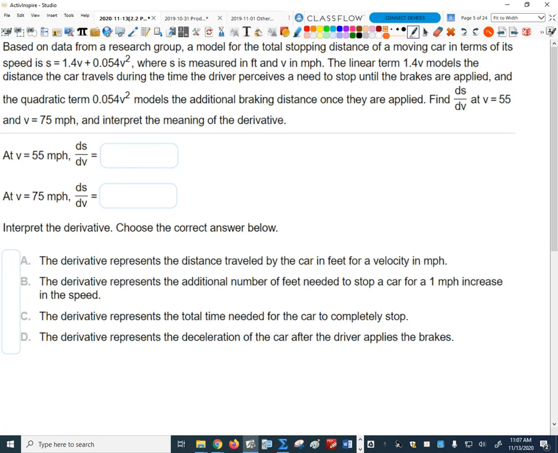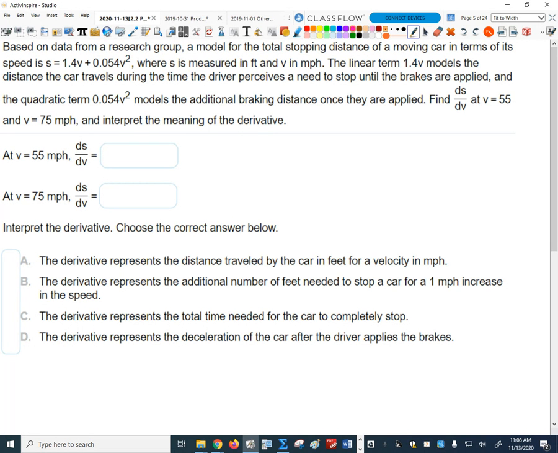Okay, so what if we want to find dS/dV? Now, somebody tell me, what is that as a rate? How would I say that, Lily? What is dS/dV? The rate of change of what with respect to what? Is it the rate of change of feet with respect to miles per hour? Okay, good. So that's fine to do. You're thinking about the units, and that's a good way to think about it.